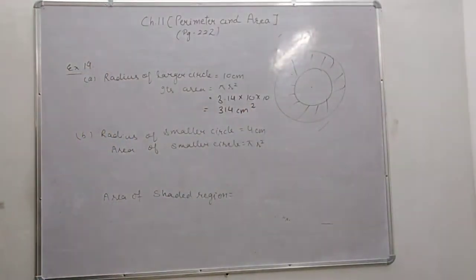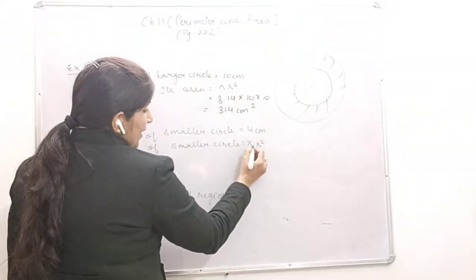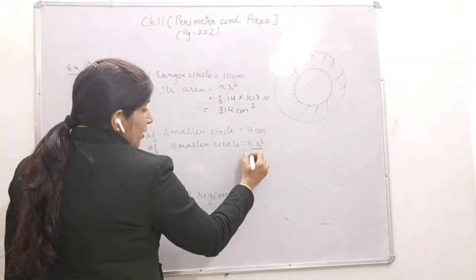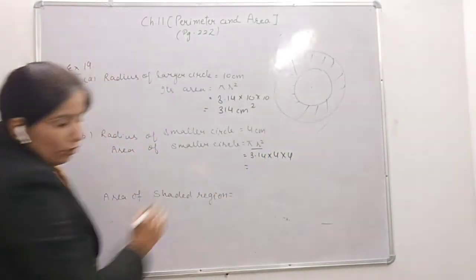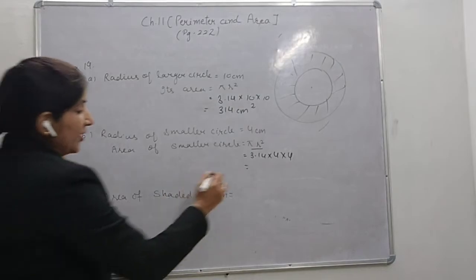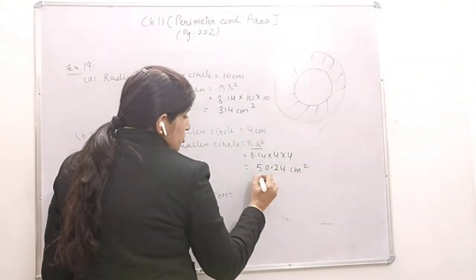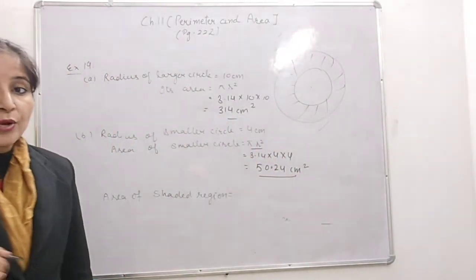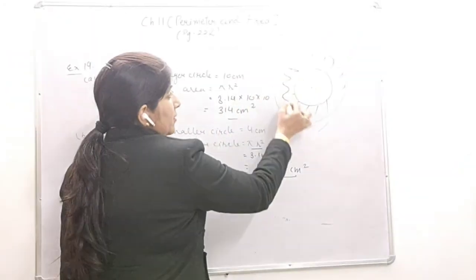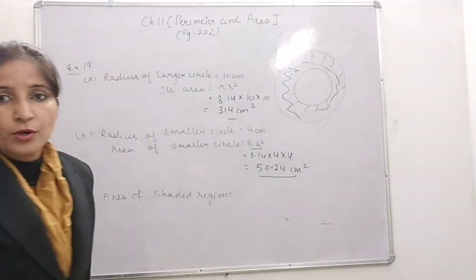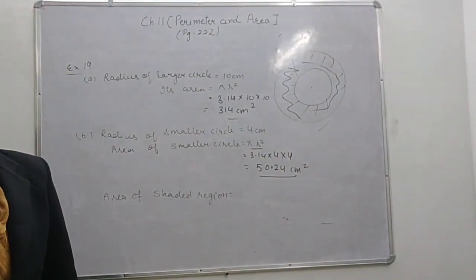Centimeter square. Now radius of smaller circle is 4 centimeter. What can be the area? Pi r square is the formula: 3.14 multiplied by 4 and multiplied by 4 once more, and after solving we'll get 50.24 centimeter square. So these are the two areas. Now to find the area of the shaded region, we just need to subtract the smaller area from the bigger one.